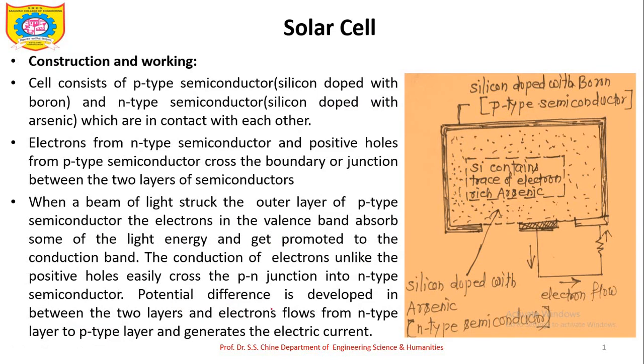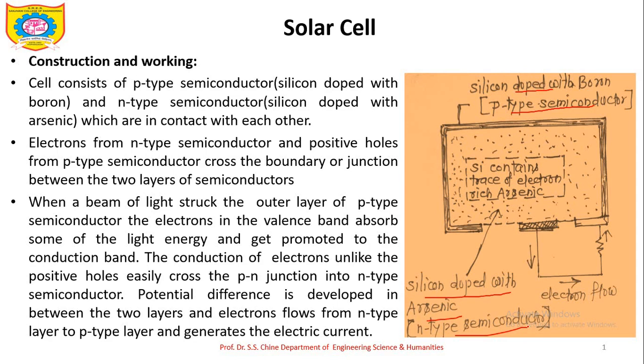Let us see how it occurs. In this diagram, here is the silicon doped with boron, that is the P type semiconductor, and the other is silicon doped with arsenic, that is the N type semiconductor. These are in contact with each other.